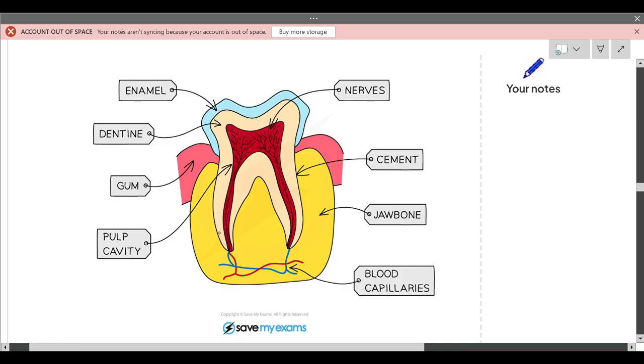So this is one of the teeth that you can see here. The outermost layer, the whiter one, we call the enamel. Followed by that, there is another harder layer that we call dentine.